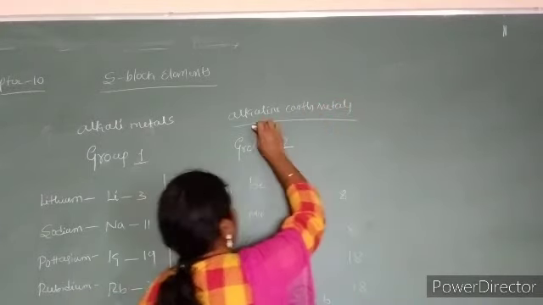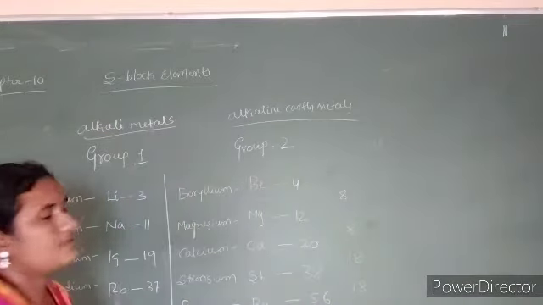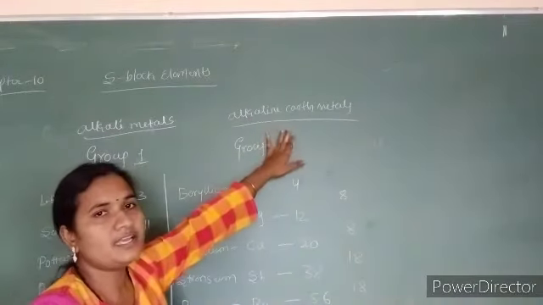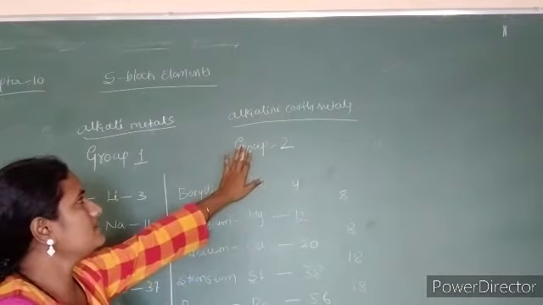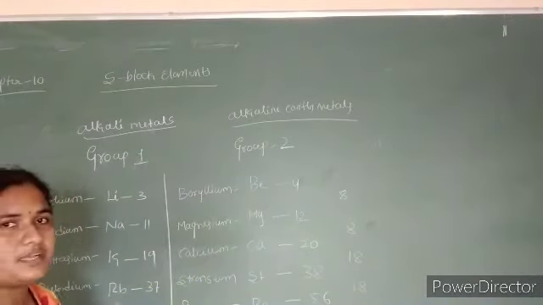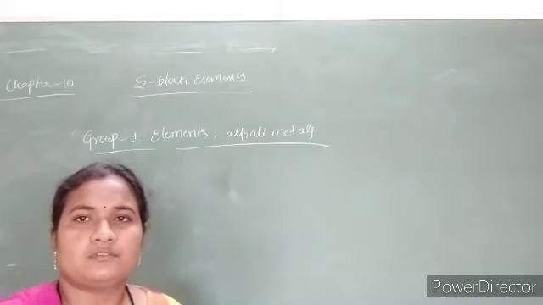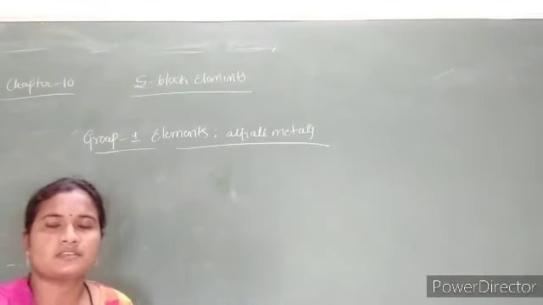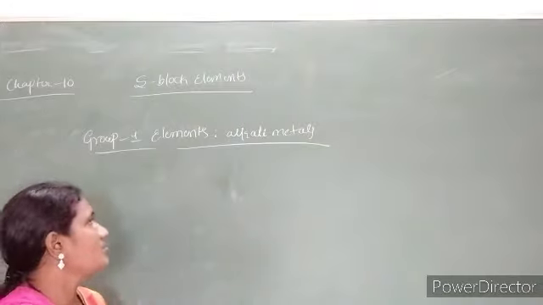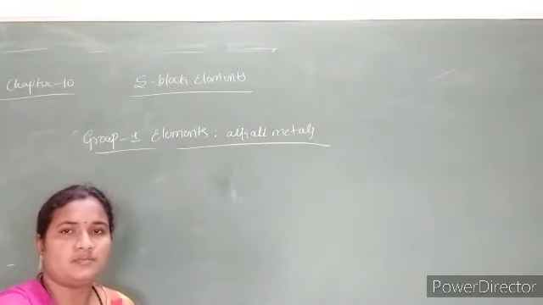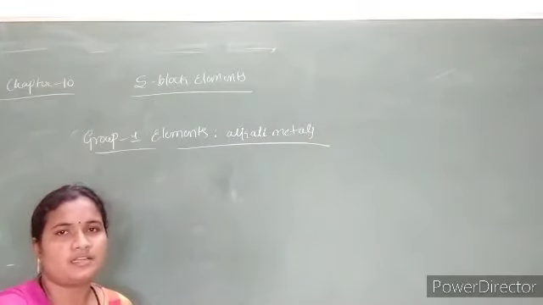Oxides and hydroxides of these metals are alkaline in nature and found in the earth's crust, so we can call them alkaline earth metals. Next, we will discuss the group 1 alkali metals as well as the group 2 alkaline earth metals.